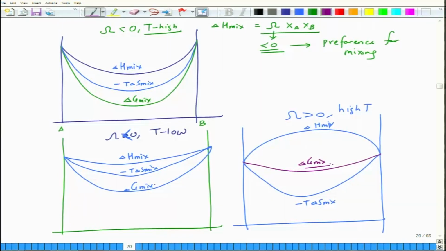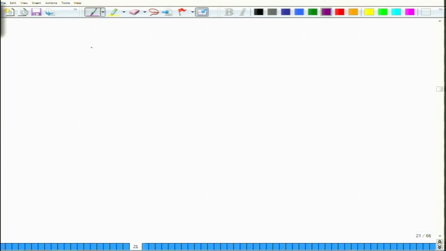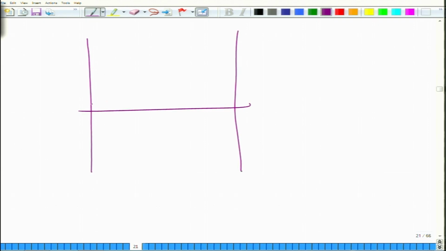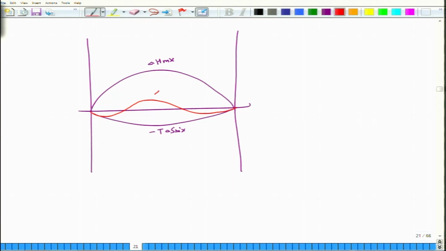There can be instances where delta H mix is extremely positive and the temperatures are also low. So, this could be delta H mix, and your T delta S mix is not massively low, and delta G could show a behavior like this. This is delta G mix.